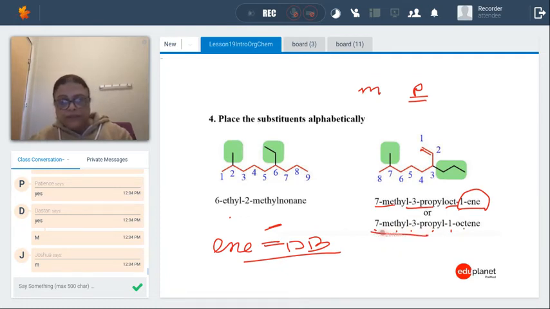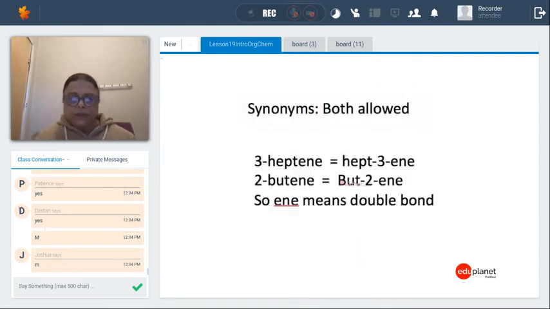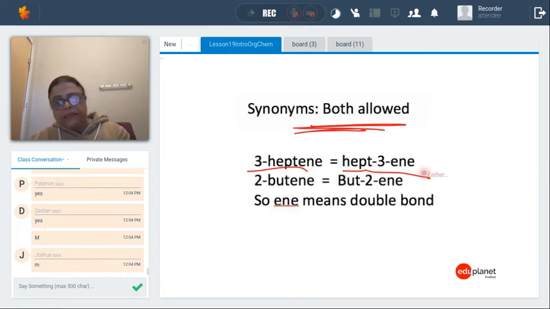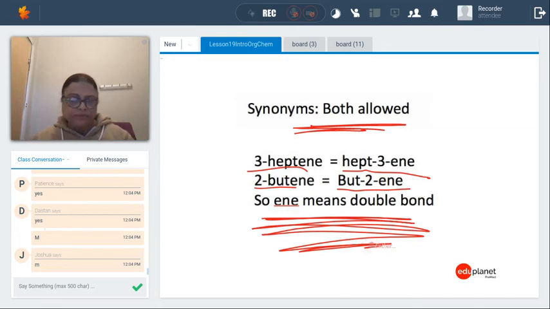Or you can call it 7-methyl-3-propyl 1-octane. Either is correct. Okay? All right. So both are allowed. 3-pentane is the same as pent-3-ene. 2-butane is the same as but-2-ene. You see, you split. And ene means a double bond.